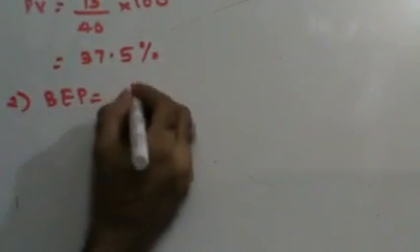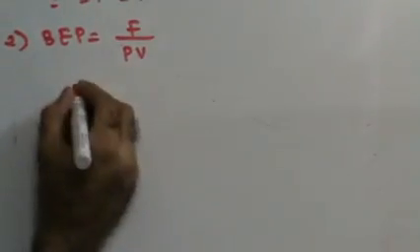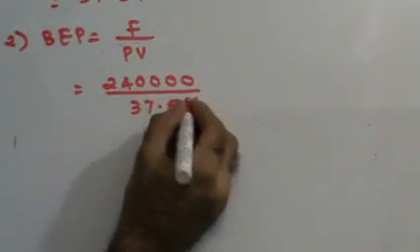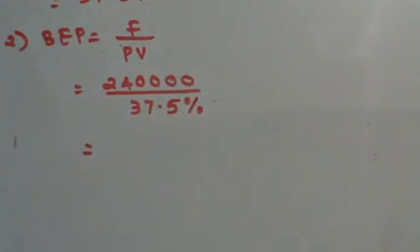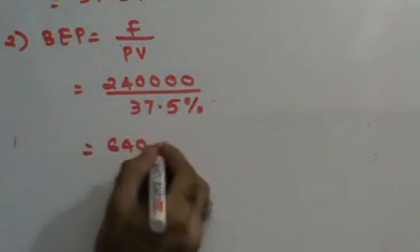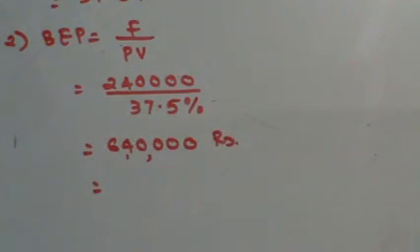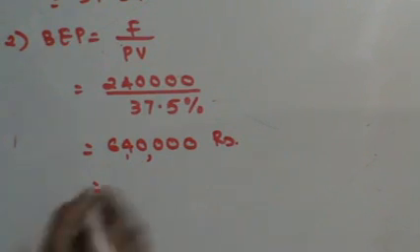Once I have this, then I can find out BEP. BEP is F upon PV. So that is 2,40,000 upon 37.5%. Someone please help me calculate that. 6,40,000 rupees. Okay. How do I convert this into units? To convert this into units, divide this by selling price per unit.